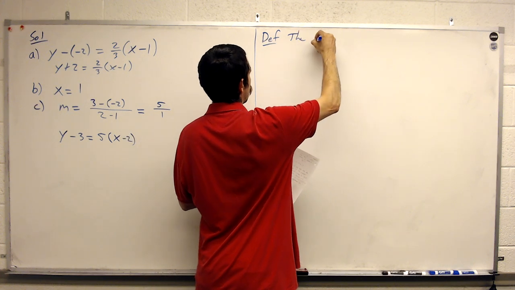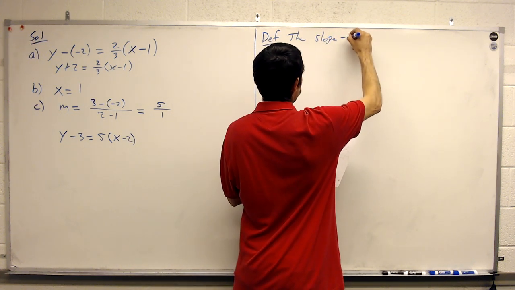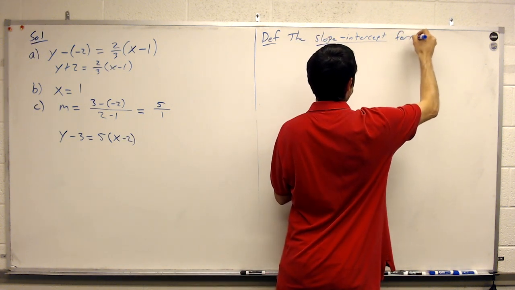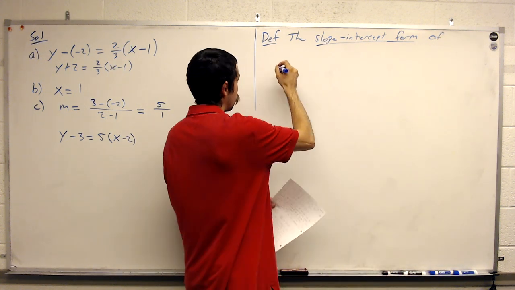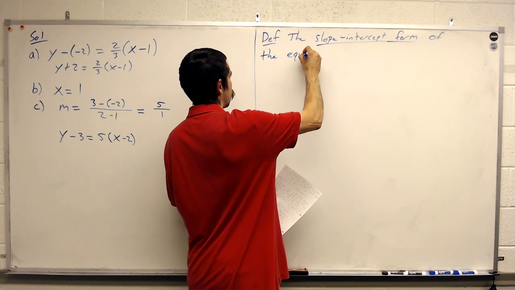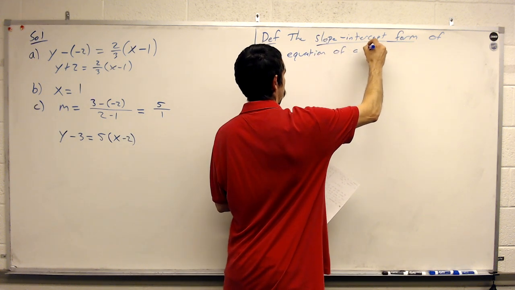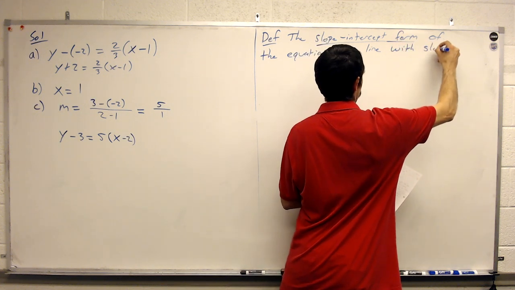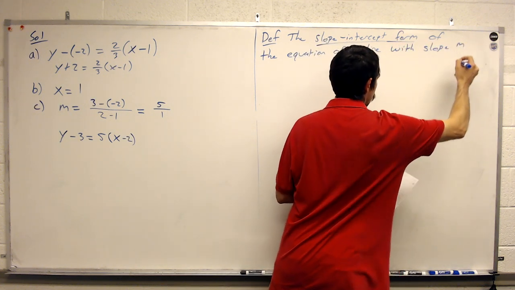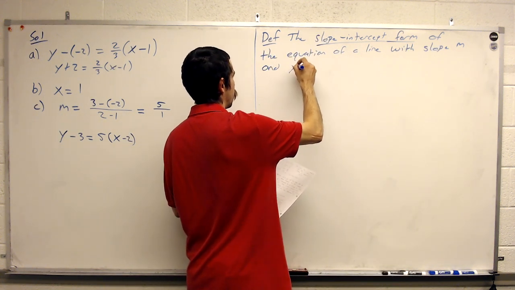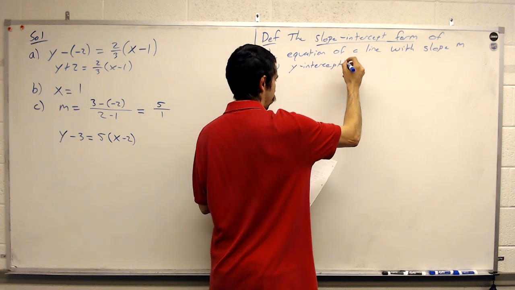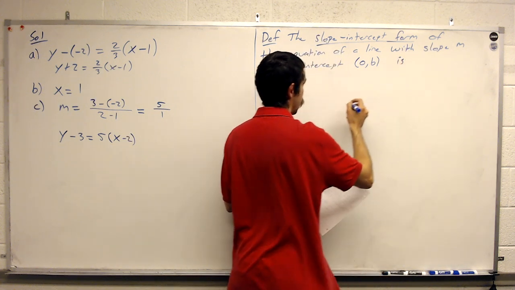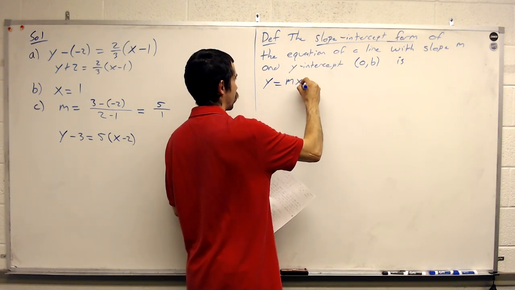So the slope-intercept form of the equation of a line with slope m and y-intercept (0, b) is y equals mx plus b.